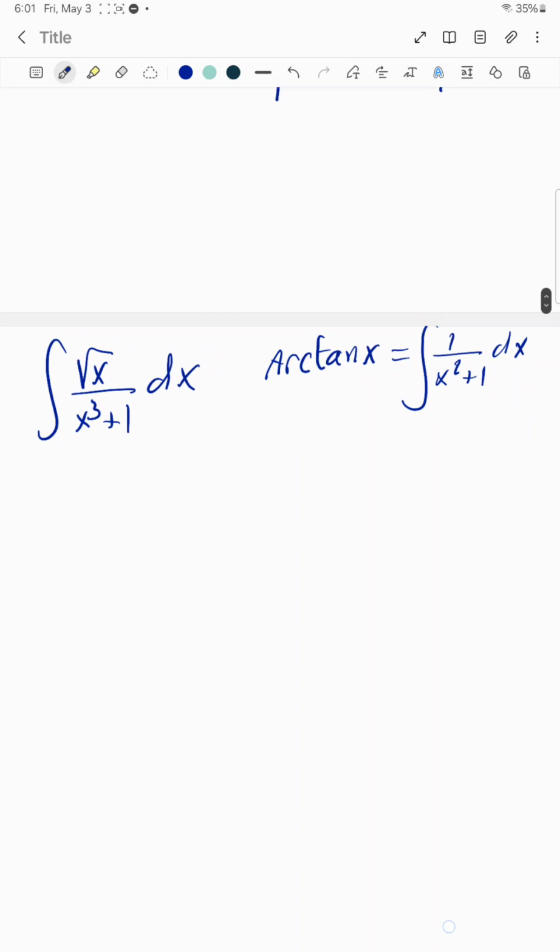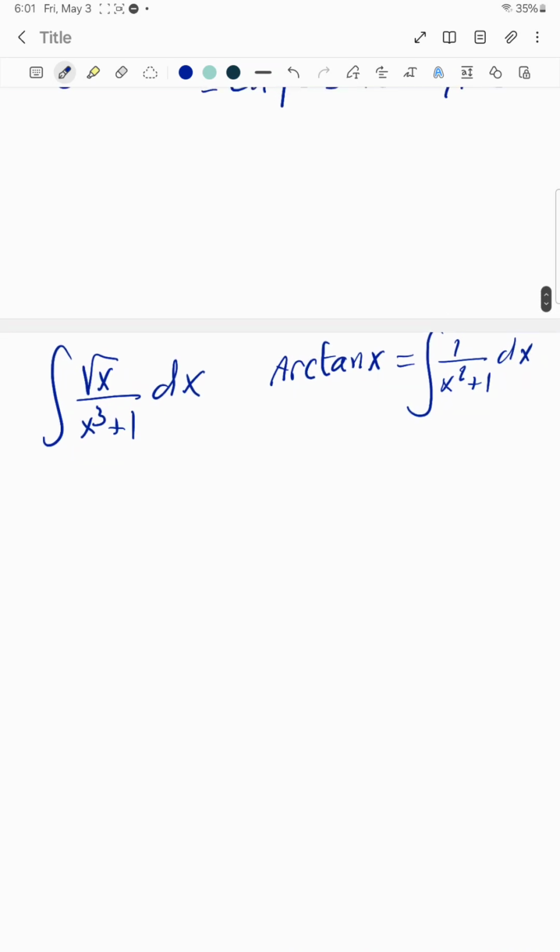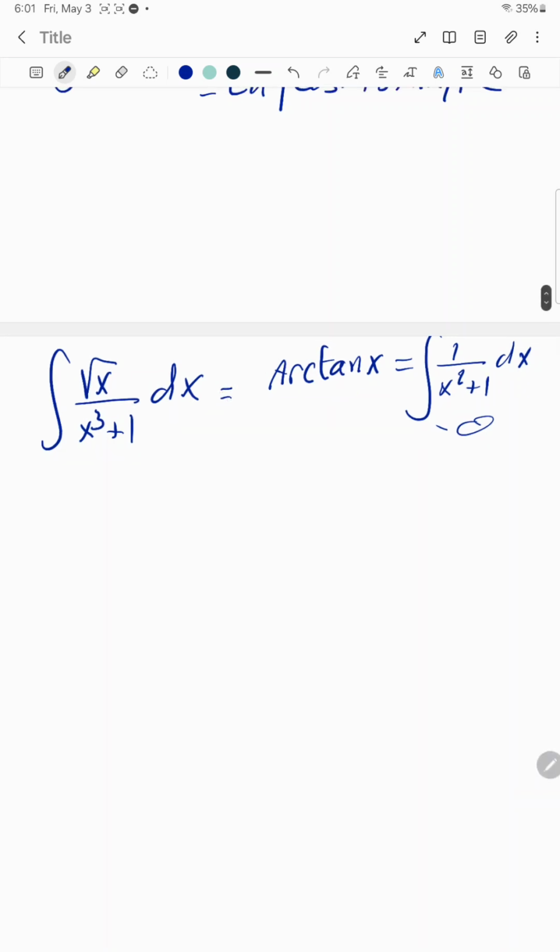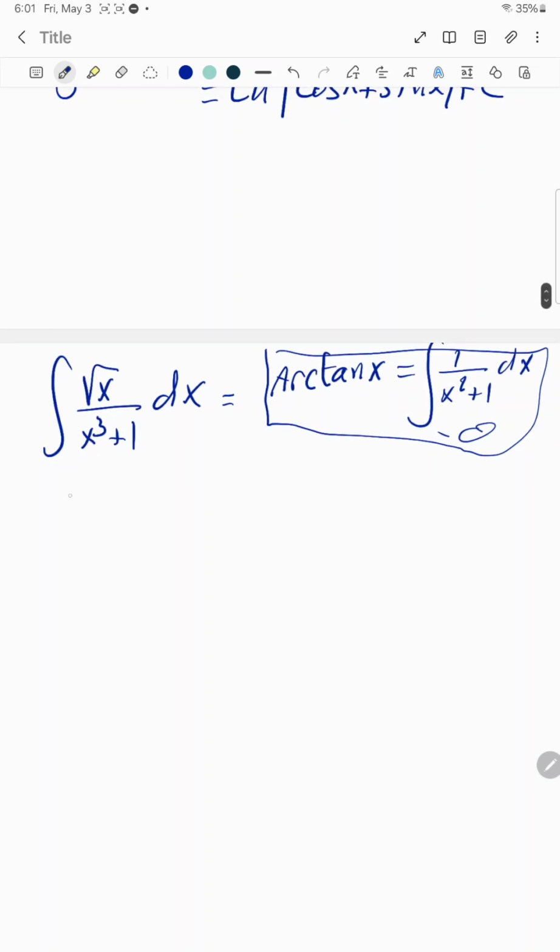I can put the square root in the denominator and then put it to the power of 2, and it will resemble a little bit like this. You will see what I mean. If I say this integral will be equal, that's the formula here, it has nothing to do with the equality. This integral will be equal to square root of x divided by (square root of x to the power of 3) squared plus 1.